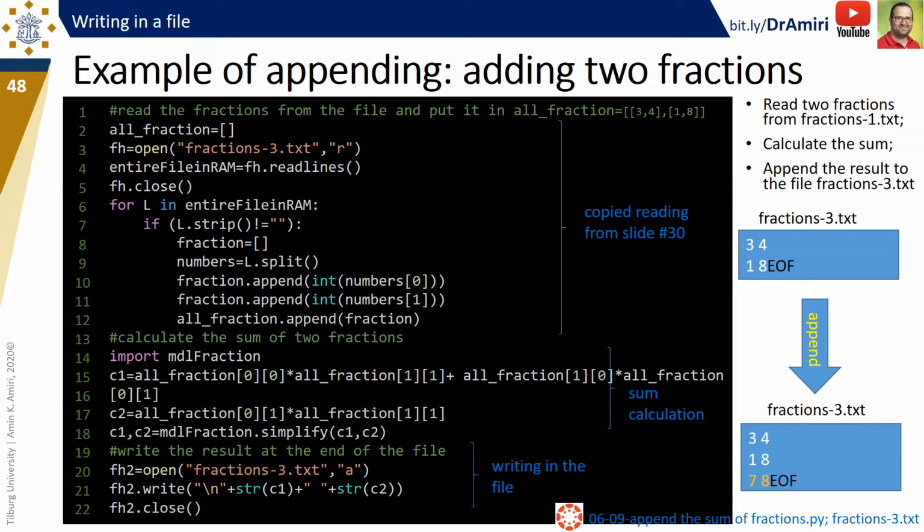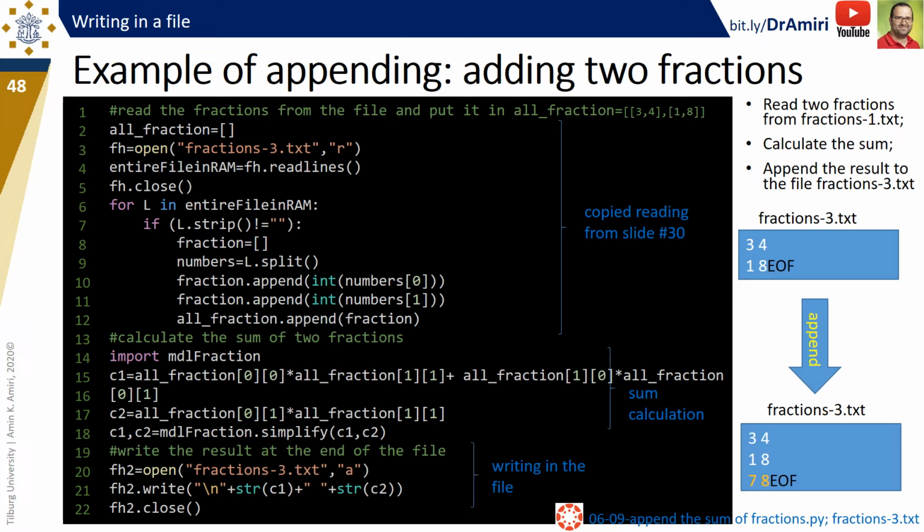Now, in the third part of this code, we want to write these two fractions in fractions-3.txt in a way that we keep the current content, and 7/8 is only added at the end of the file.